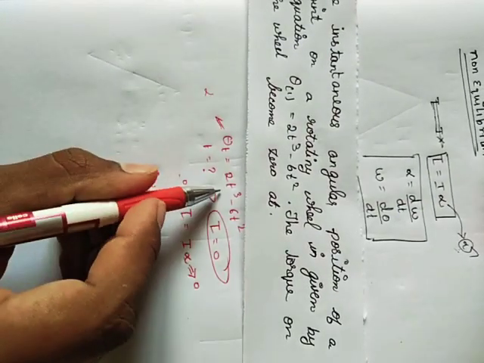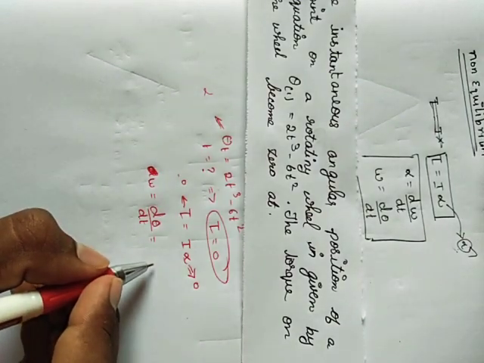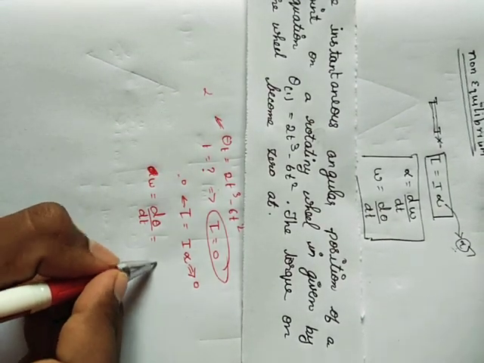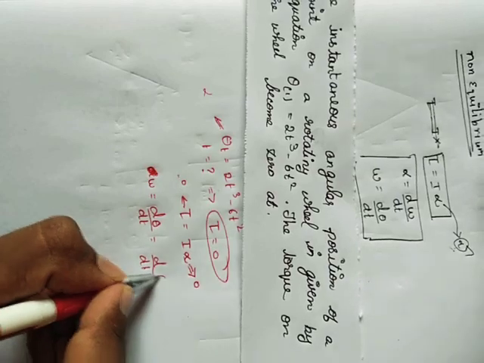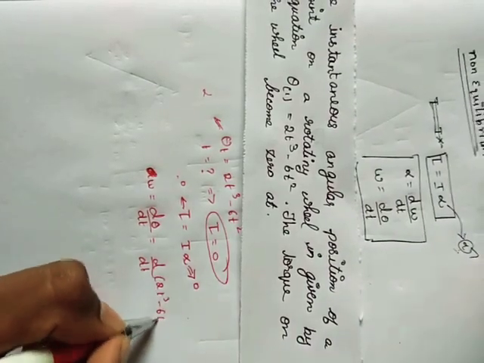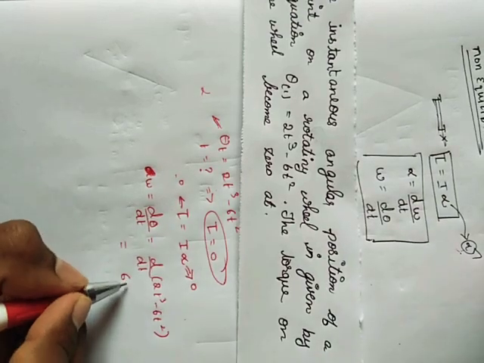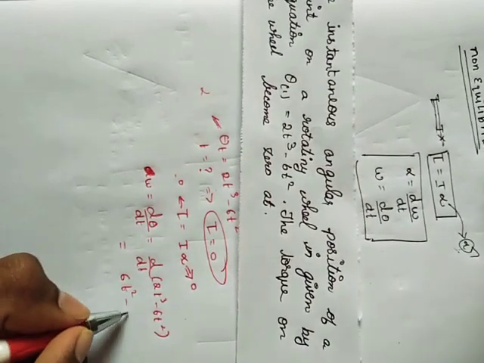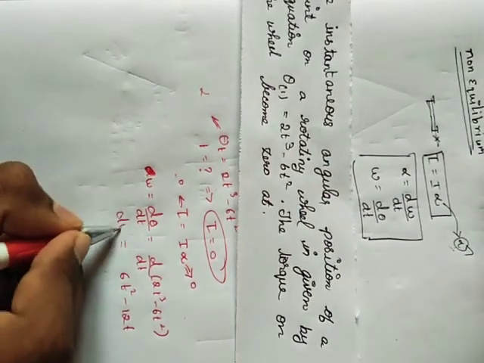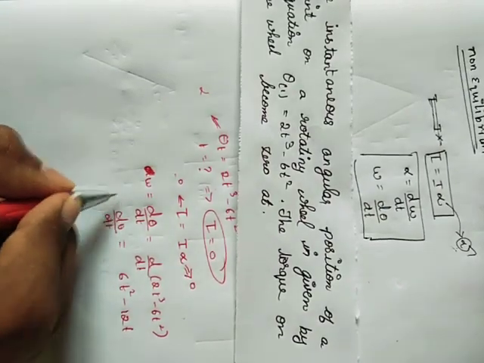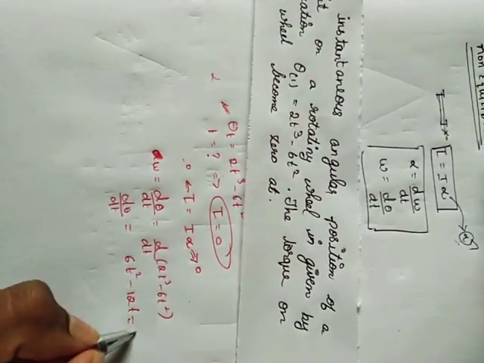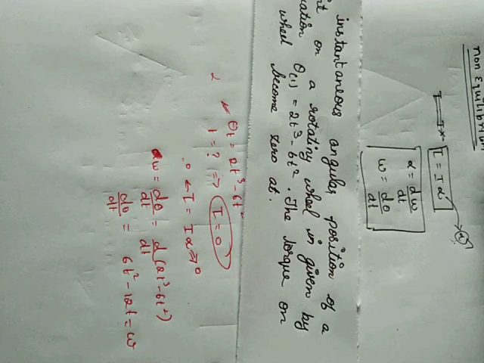I just want to differentiate this. Differentiating it, I get 6t square minus 12t. This is omega, the angular velocity.